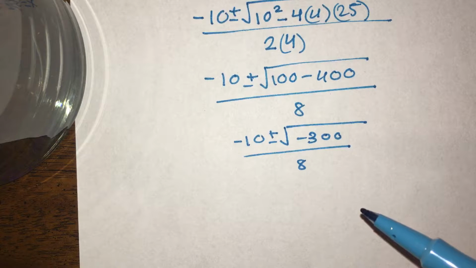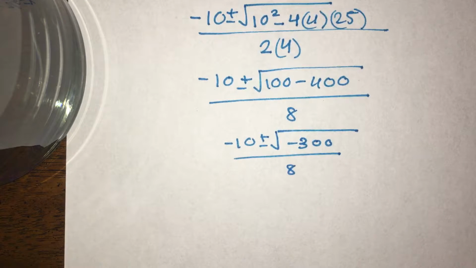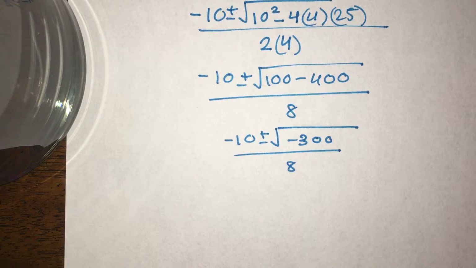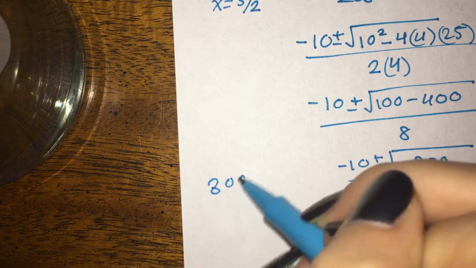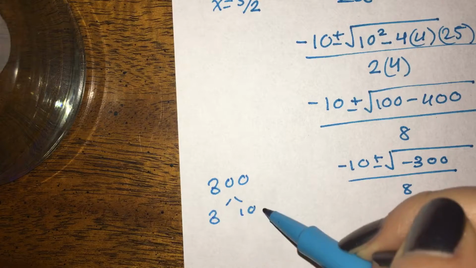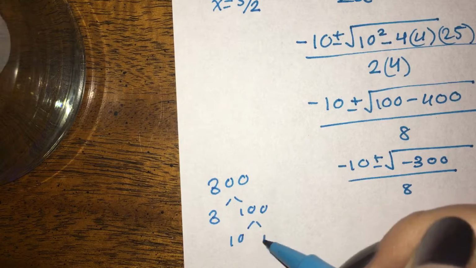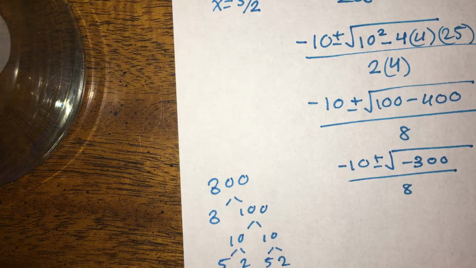So after this, you have to simplify it just a tiny bit more, but you're going to have to use imaginary numbers now. So let's factor out 300 with the factor tree. So 300 is 3 and 100, and then 100 is 10 and 10, then that's 5 and 2, and that's 5 and 2.